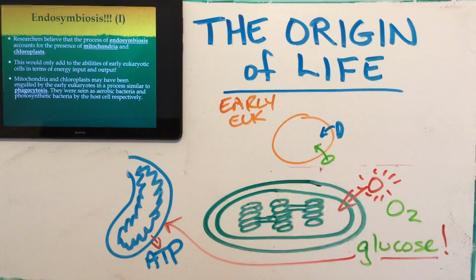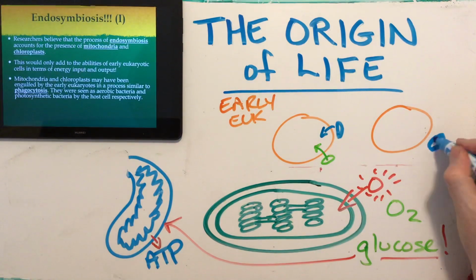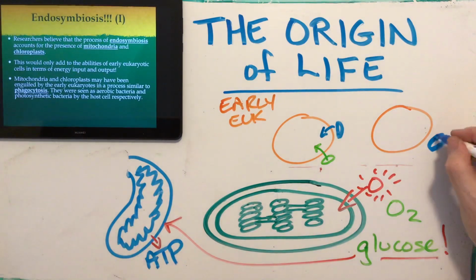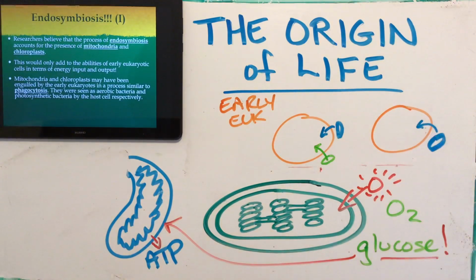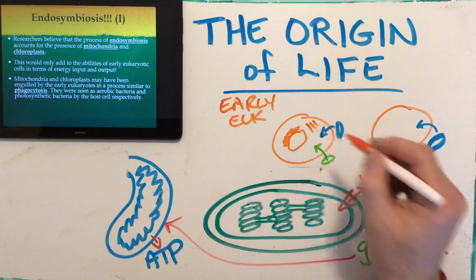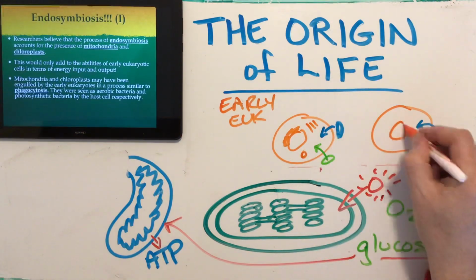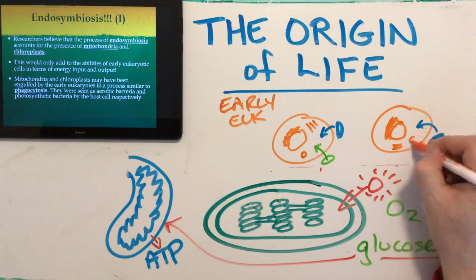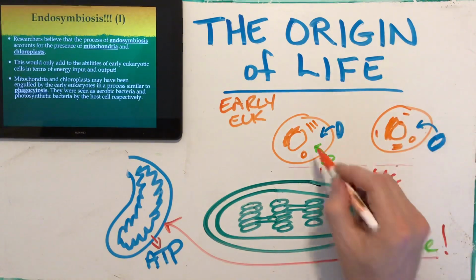Now some cells would have taken both of them in. Other cells, it was found out, only took in the mitochondria, right? Now, inside of these cells, we still had the nucleus, we still had the ER, the Golgi and vacuoles, right? All that sort of stuff was all there. A variety of other organelles.